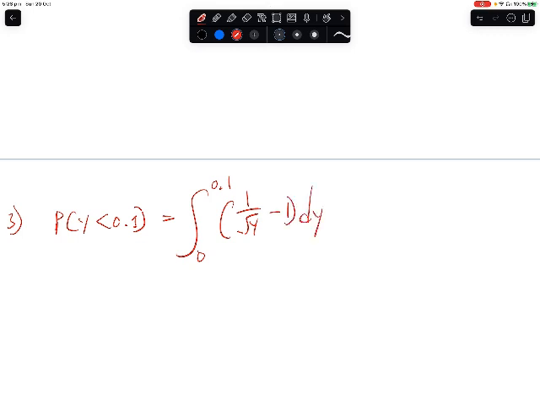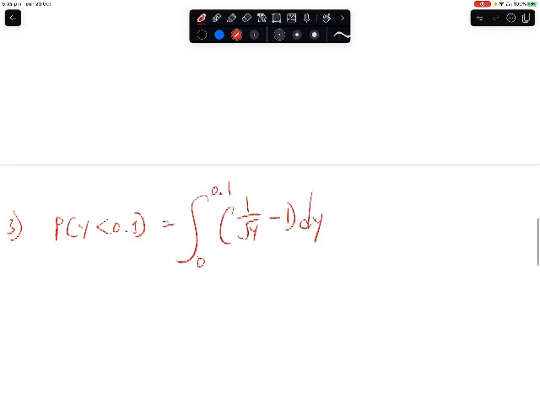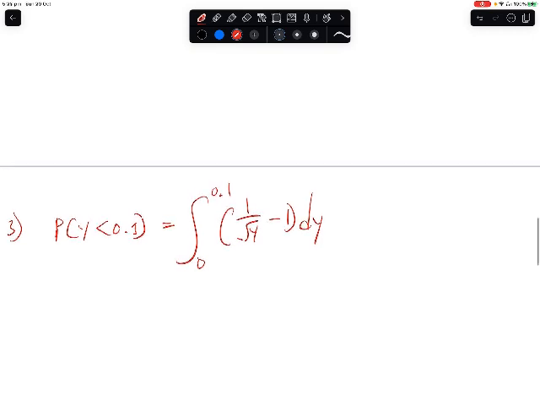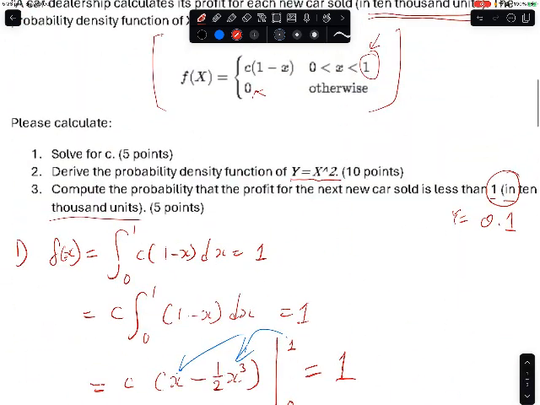After integrating, we can put this here: 2 times the square root of y minus y.